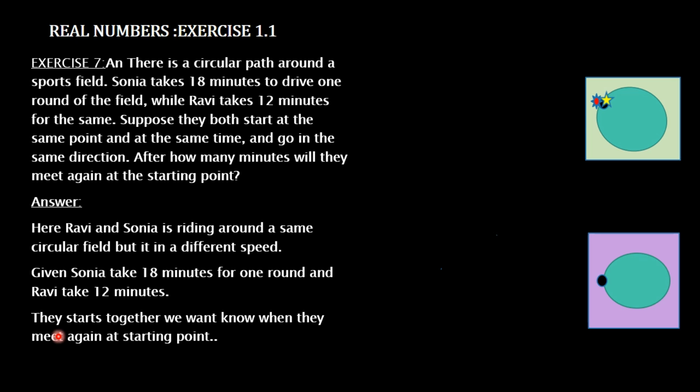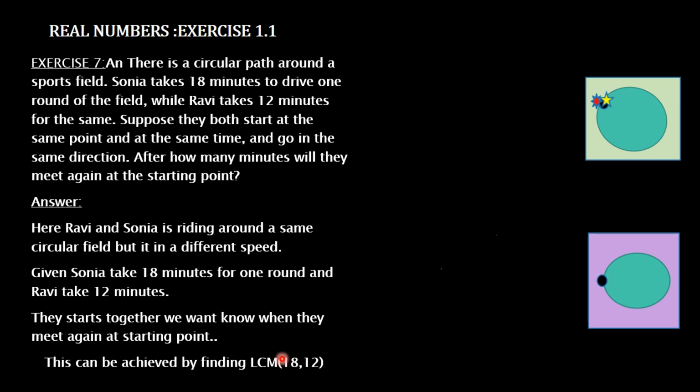We have to find the common multiple among these two, the LCM. Why do we have to find the LCM? One reason is that we have to find something more than this 18 or 12 minutes.